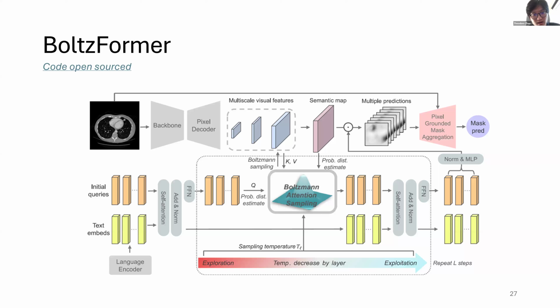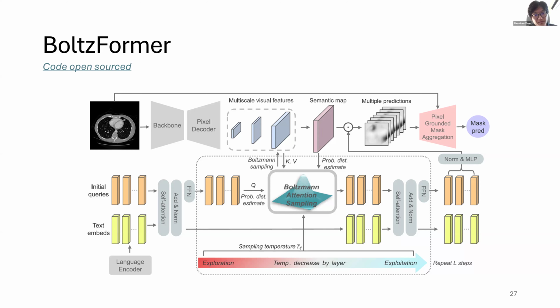Then they are updated and go to the next layer. Throughout the layers, we control a sampling temperature T. In the early layers, this temperature is very high, which means this distribution is almost uniformly distributed on the image.